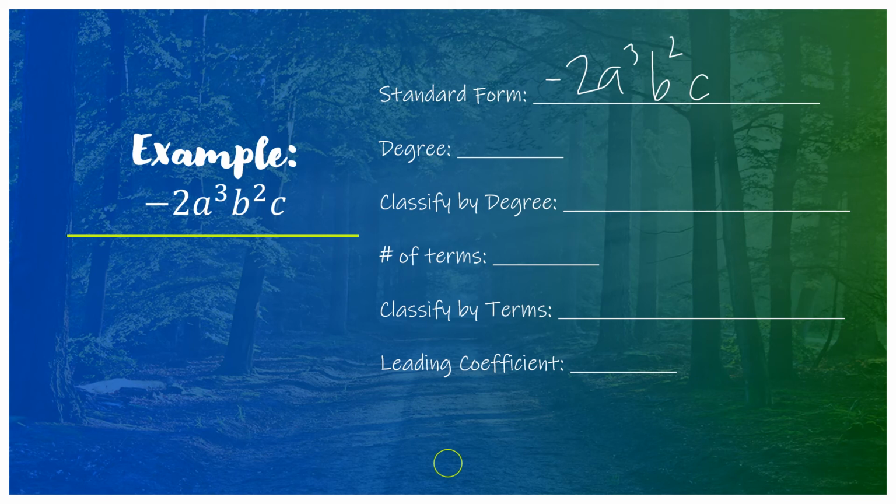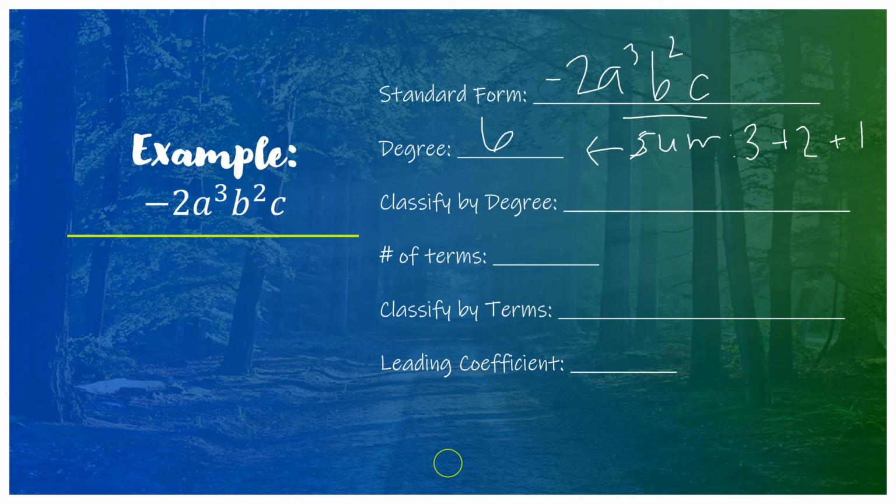For the degree though, because it is multivariable, I need to find the sum of the exponents in order to get the degree. So the sum, I would be adding 3 plus 2, and then be careful because C does have an exponent. It's just unwritten, but it is a 1. So 3 plus 2 plus 1 is 6. So the degree is 6.